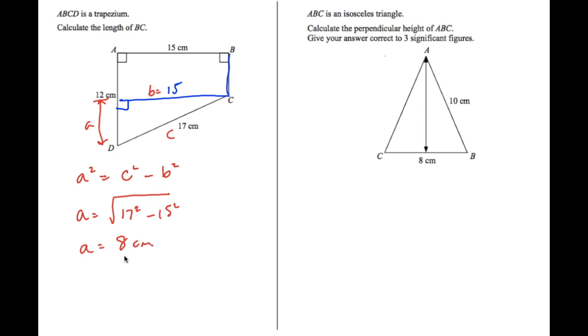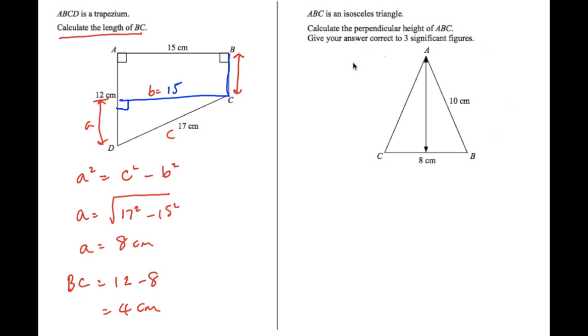So now I've found A, I can answer the question, calculate length BC, so I want that length there. So BC is equal to the height of AD minus A. So it is 12 minus 8, which equals 4 centimeters.